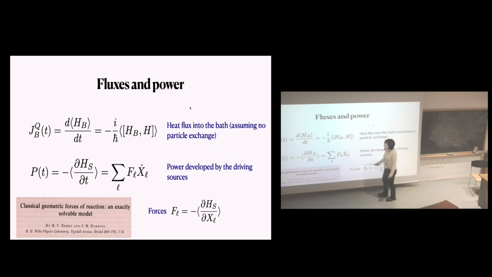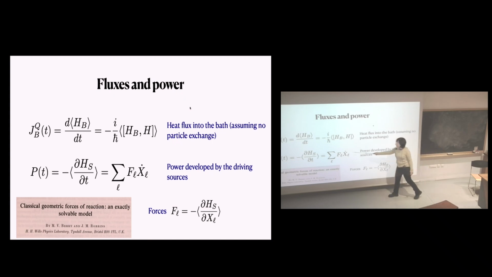As the Hamiltonian changes in time because the control parameters change in time, we can express this explicit derivative in time in this way, as the derivative of the Hamiltonian with respect to the external parameters times the rate of change in time of the external parameters.